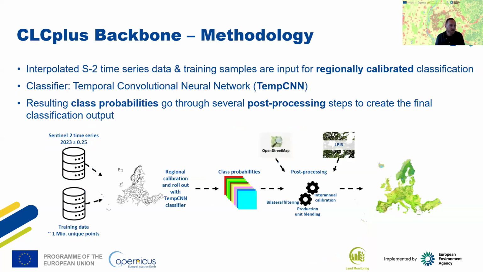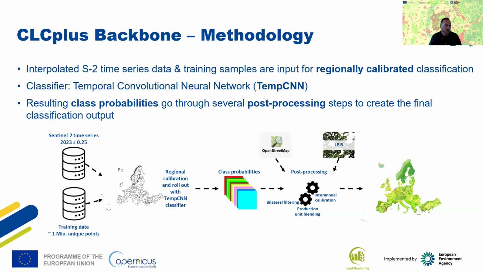And next slide, please. Here, just a brief overview on the methodology. The interpolated Sentinel-2 time series and the training data are the input for regionally calibrated classification models. The classifier used is a TempCNN, a temporal convolutional neural network classifier.